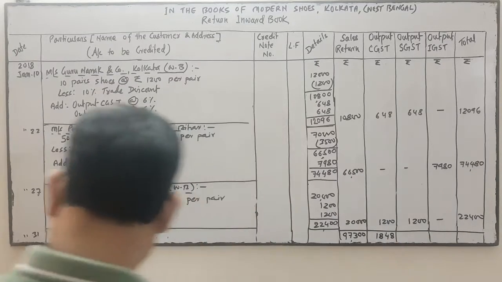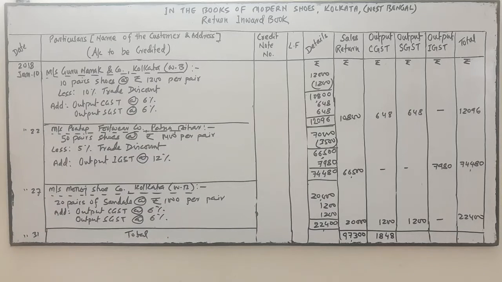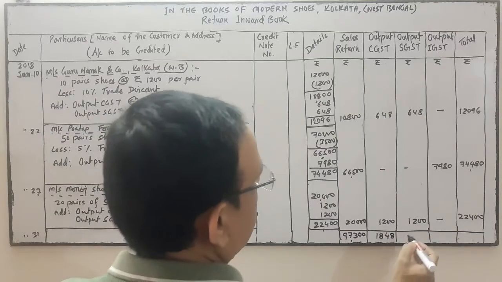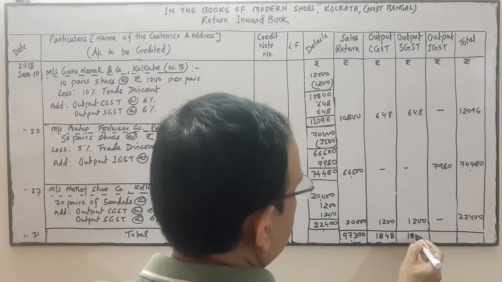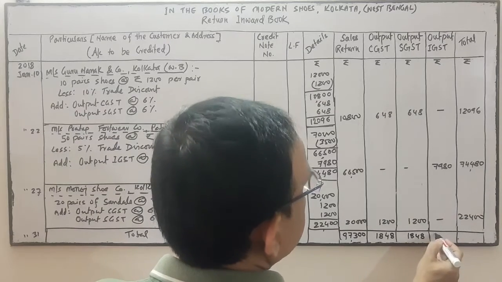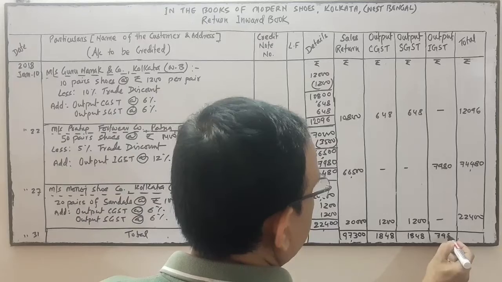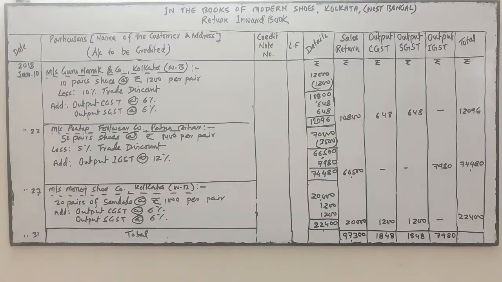Next is 1,848, here also 1,848, and here 7,980.